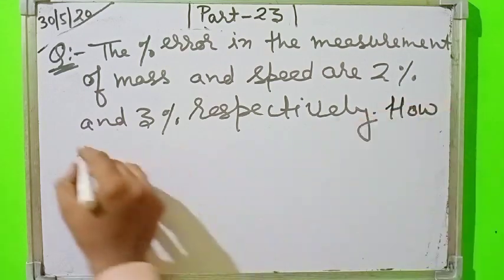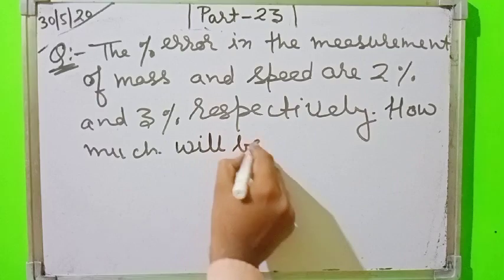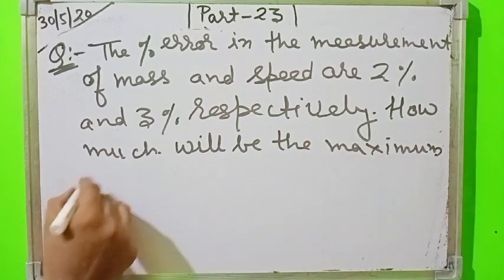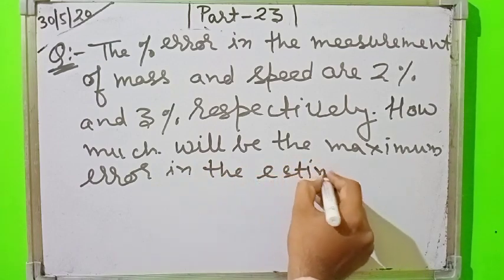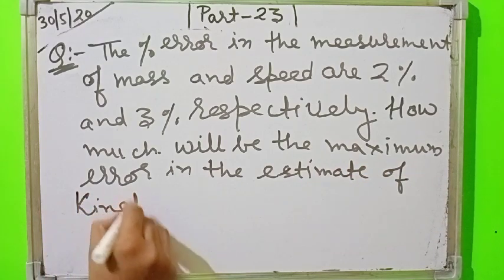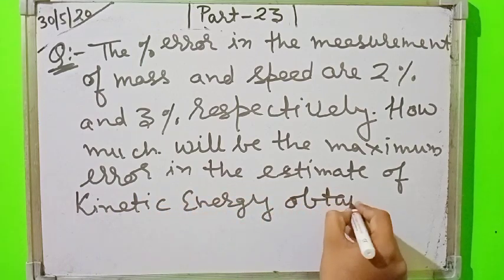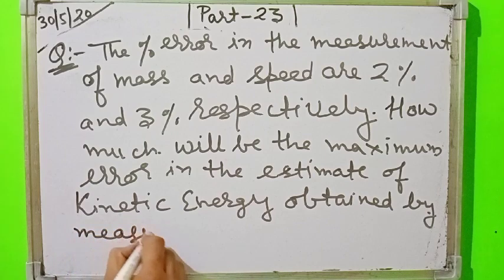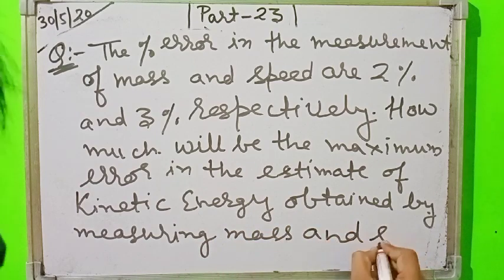How much will be the maximum error in the estimate of kinetic energy obtained by measuring mass and speed?